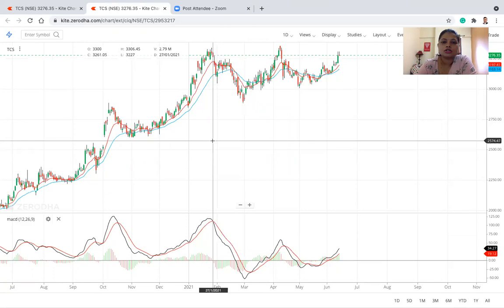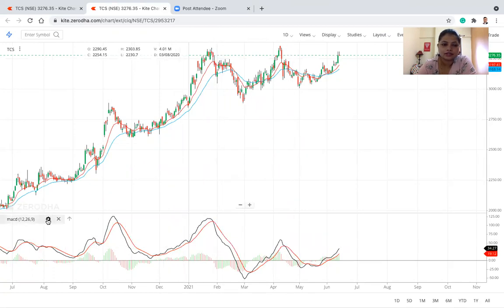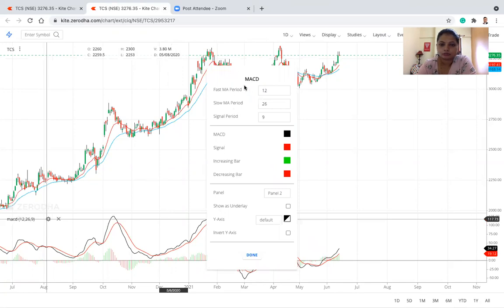Now just observe the black line. Let's understand this tool first. MACD has a fast moving average period of 12, a slow moving average period of 26, and a signal period of 9. You can change these periods according to your requirement.